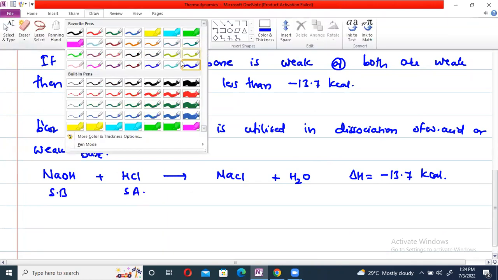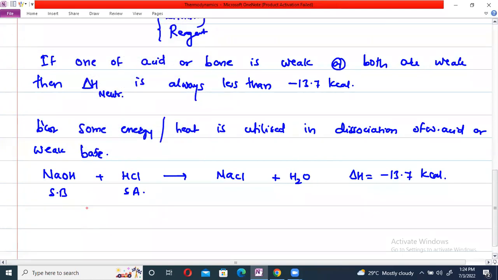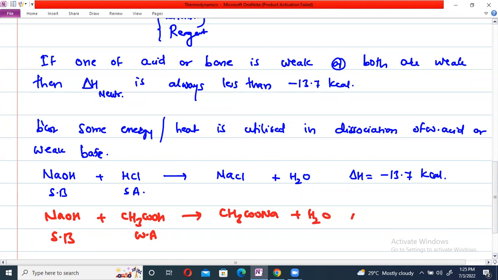But now, if we do one other example here, I will take the base as strong but acid as weak. It is a strong base, weak acid. It gives rise to salt plus H2O, but delta H value in this case is minus 13.7 becoming minus 13.4 kilocalorie.